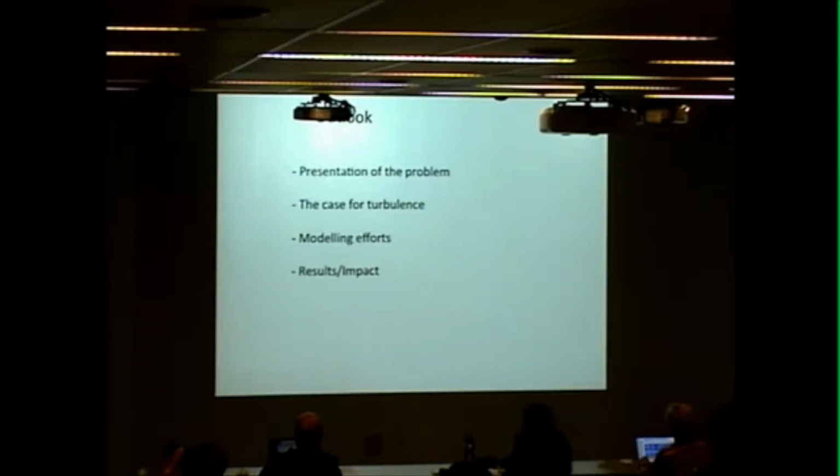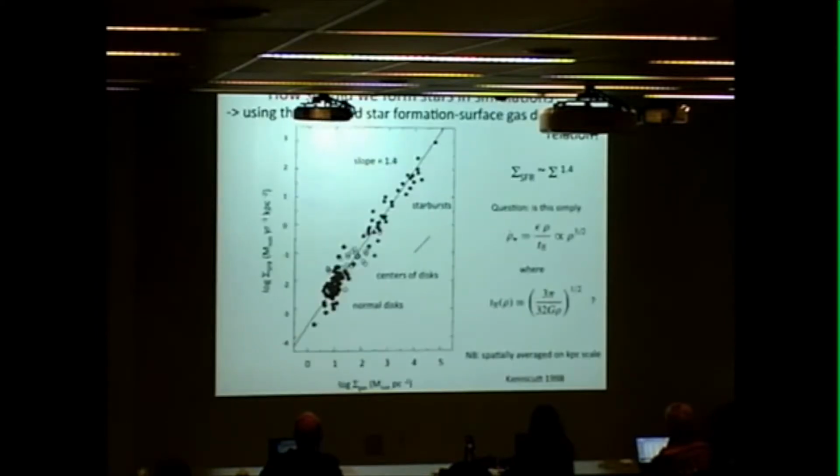I'm going to try to make the case for why we should worry about turbulence in the simulations. And then I'm going to talk about the modeling efforts that have been done to take that into account. And finally, I'll discuss the recent results we've obtained, and the impact that this has on the galaxy properties at higher redshift.